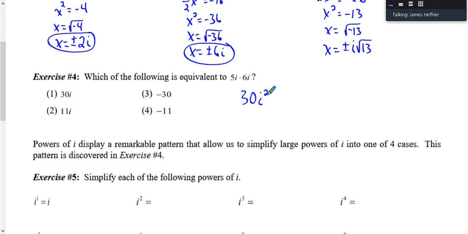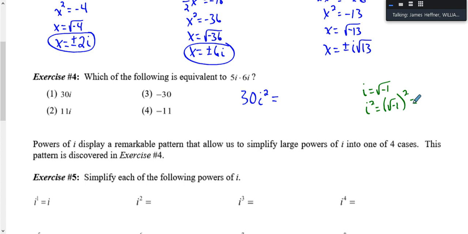But what does I squared equal, guys? If I is the square root of -1, then I squared is that thing squared, which is what?